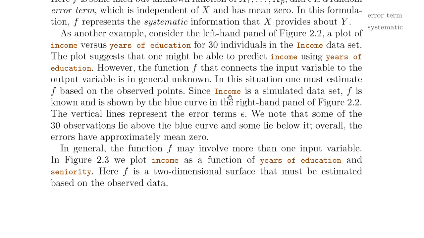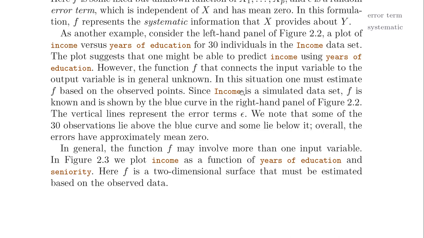And we were told, since income is a simulated data set. Oh, I see. Do we know what's being said over here? This is not raw data. This is not empirical data that has been collected at, I don't know, at a specific company.